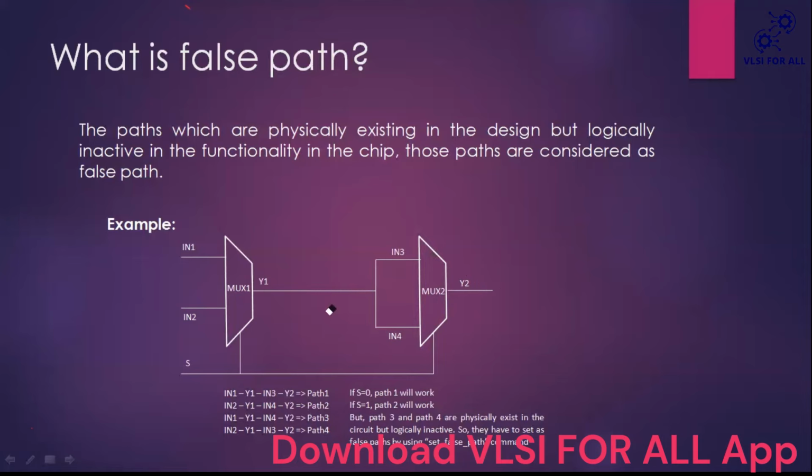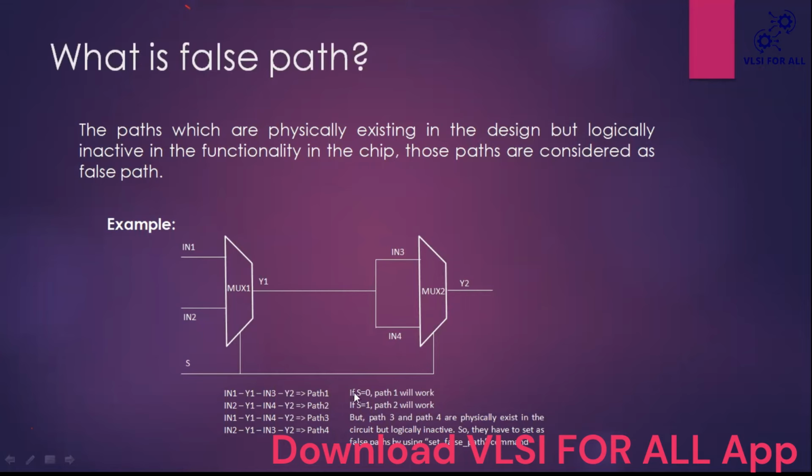In these paths, if I give 0 as the selection input, path 1 will be active because 0 is going to both muxes. If I apply selection line 1, then path 2 will be active. Path 1 and path 2 are getting activated in this circuit.